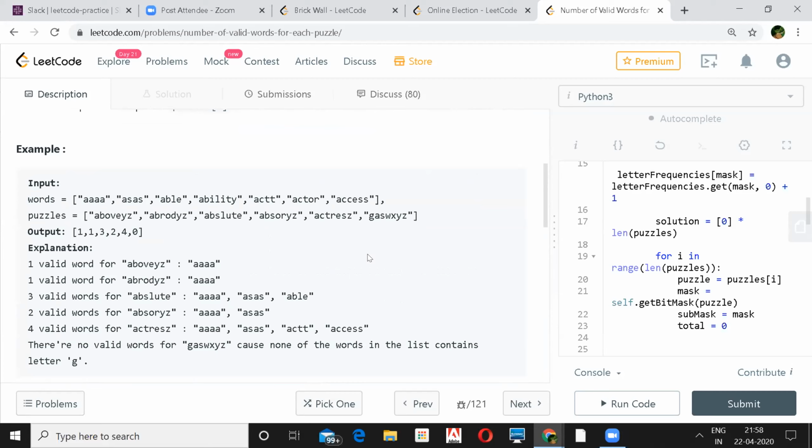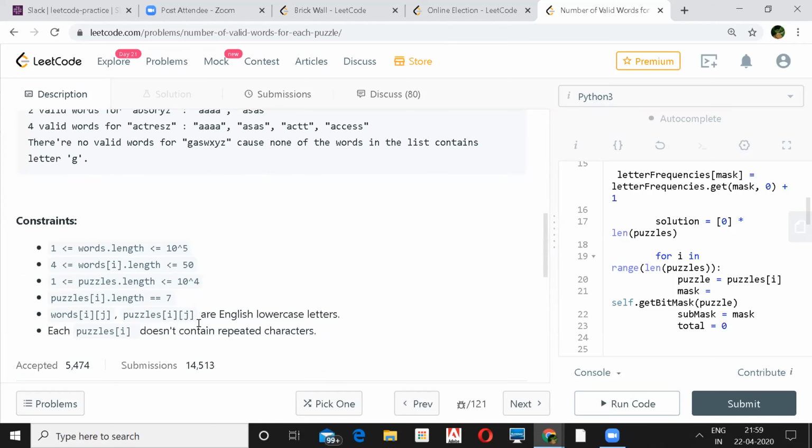Actually, we can optimize stuff. The constraint is also important because they are lowercase letters. Yes, all the letters will be lowercase letters.